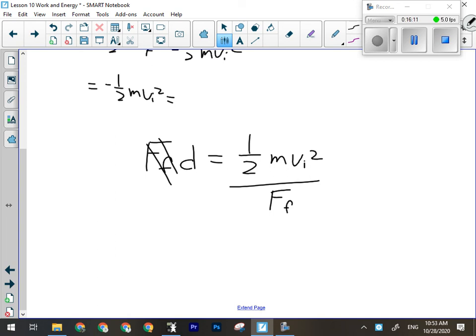So as v gets bigger, its effect on d is exponential. Let's say it starts out as 1, and I'm going to calculate this d. But if I double it to 2, it's not 2, it's 2 squared, which is 4. So if I double my speed, it's going to take me how much further to stop?